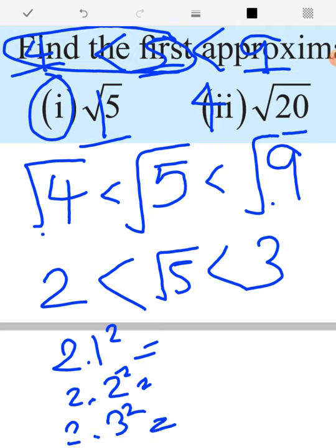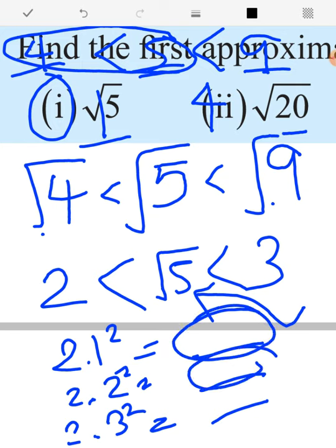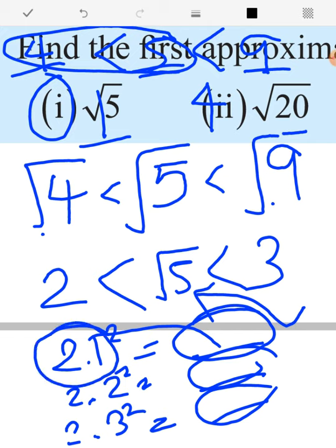Likewise, you have to write it in ascending order and check which number is closer to 5. If something is close to 5, you have to pick that one and get the square root of it.